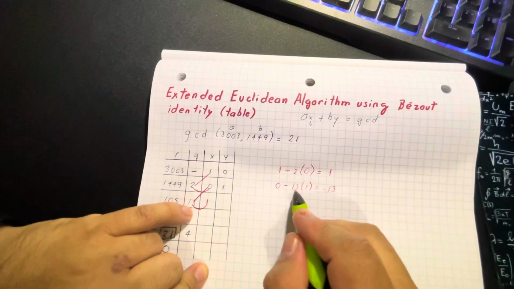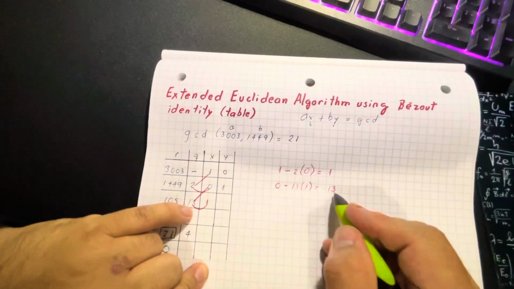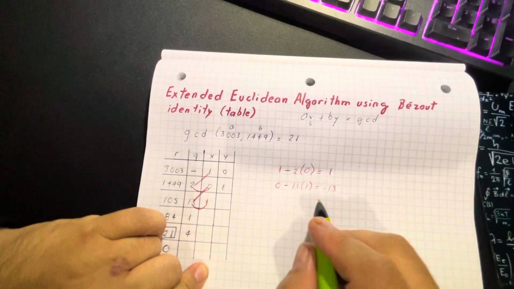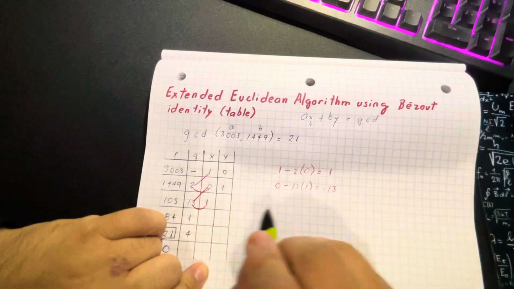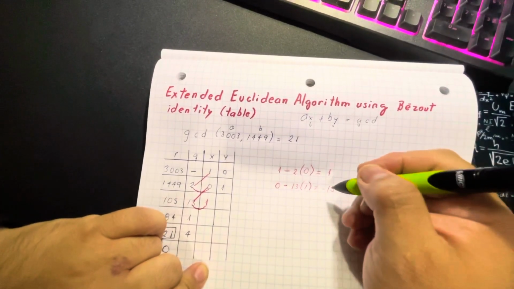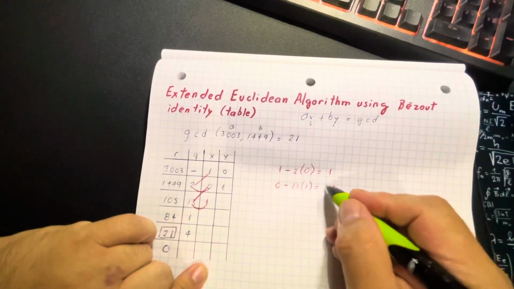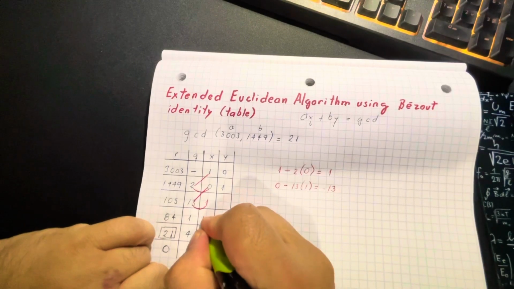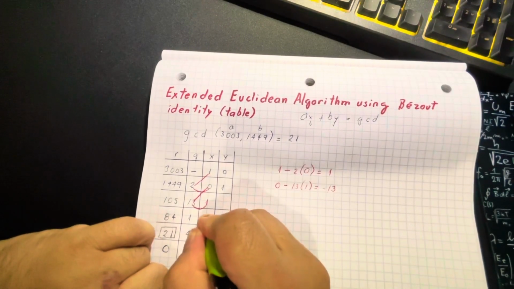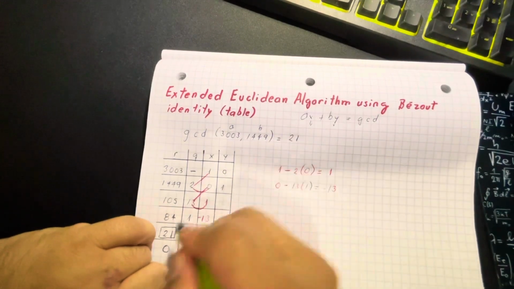You have minus 13 times 1 is minus 13. It's negative, okay? You gotta make sure of the signs, don't miss out on the signs. Positive, positive, negative, negative, okay? So this minus 13 goes over here. Minus 13, right? And you follow the same rule.